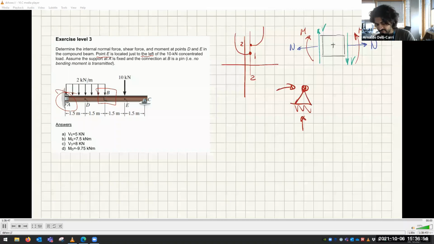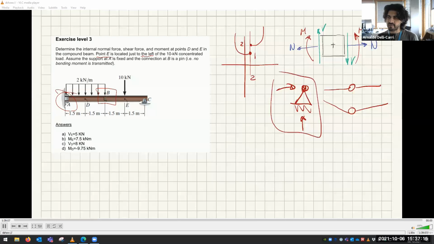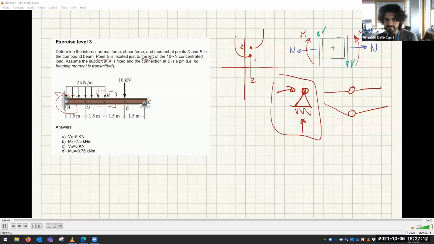For internal pins, imagine an internal pin is something like this, for which you can rotate. You can rotate about the 2 ends. So the internal pin, as I said, it's the same thing. It doesn't transmit bending moment. You know that the bending moment at B is 0 for sure, 100%.